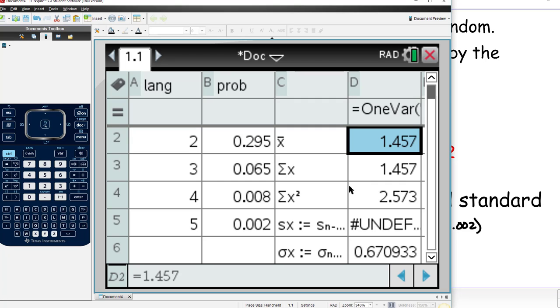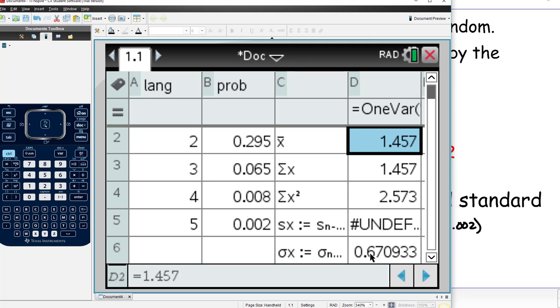Now, what do we use for standard deviation? Well, there's S sub x, but that's undefined. So how do I tell the difference between S sub x and sigma x? We should remember that English letters are used for samples, sigma is used for population, but that doesn't even matter because this is undefined. So this is the only thing we can work with. And this happens to be the true standard deviation for the random variable, 0.67.